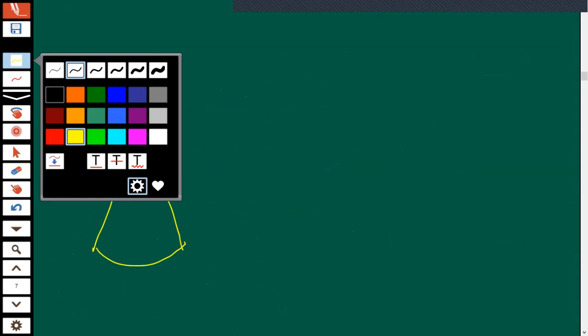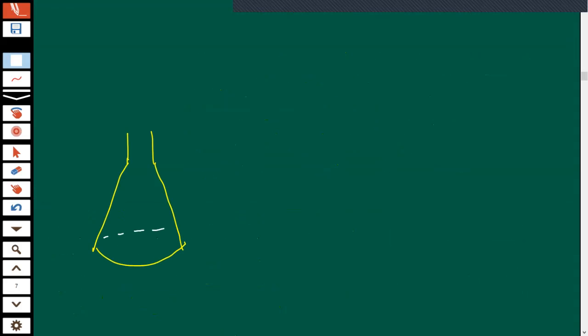How are you doing titration? You know very well that you have to take one conical flask, and in that you will keep the unknown solution.